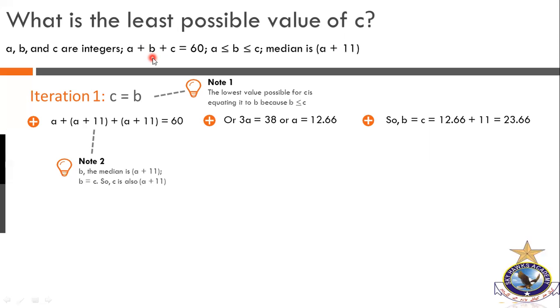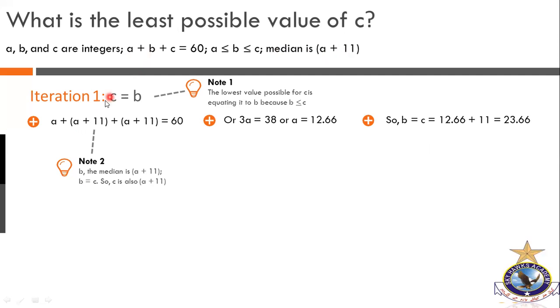So what I mean to say is that A plus B plus C is 60 and B is the median. So we are replacing B as a median, A plus 11. The value of B is A plus 11 because B is a median and median is given. So median is this one.